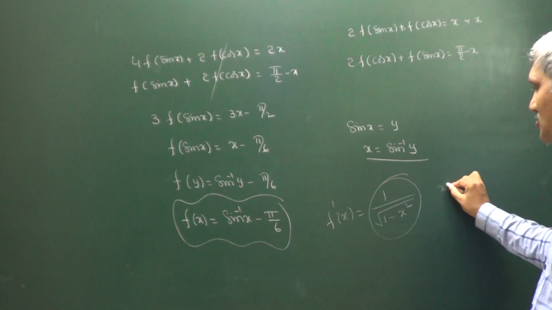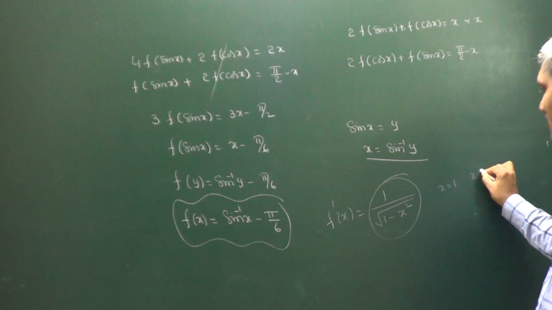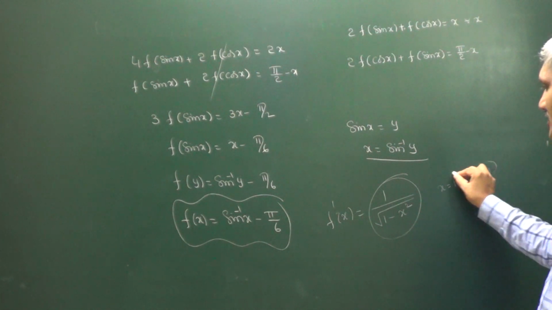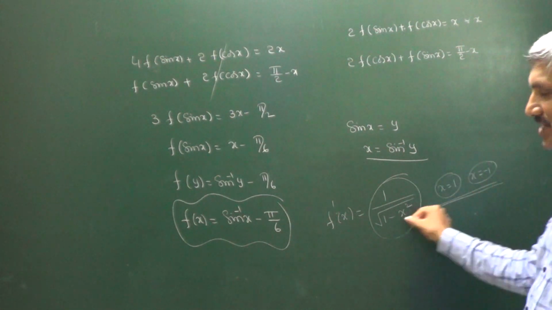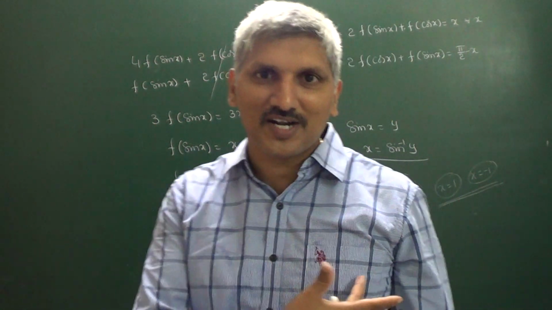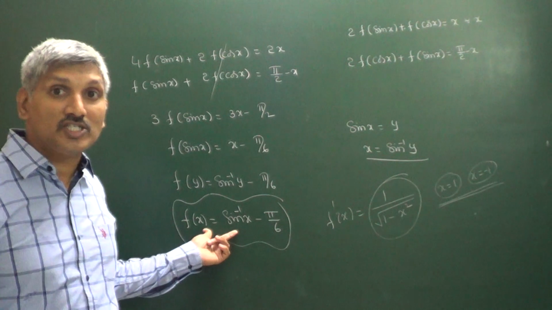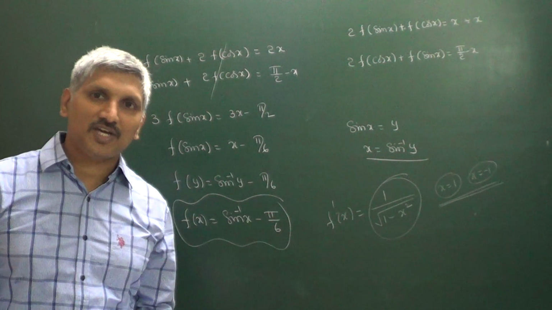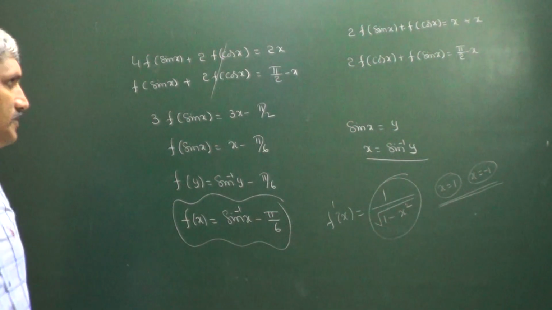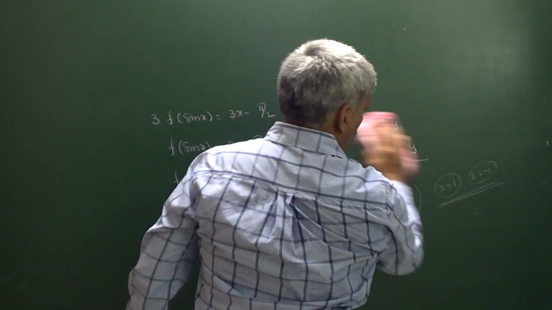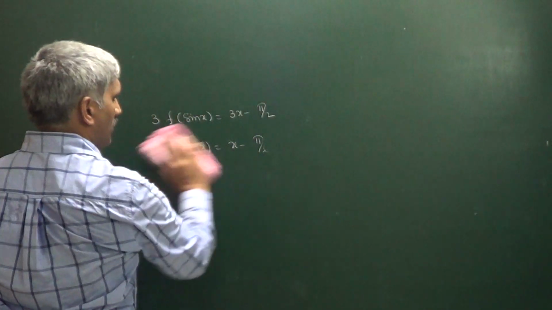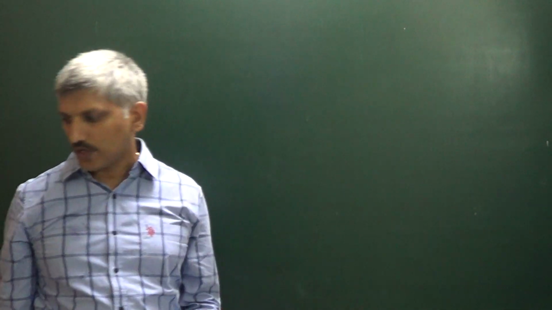Yes, when x is equal to 1 and when x is equal to minus 1, differentiation does not exist. At 1 and minus 1, differentiation does not exist. That's why this function is not differentiable at x is equal to plus or minus 1. So that is the beauty in knowing about functional equations.